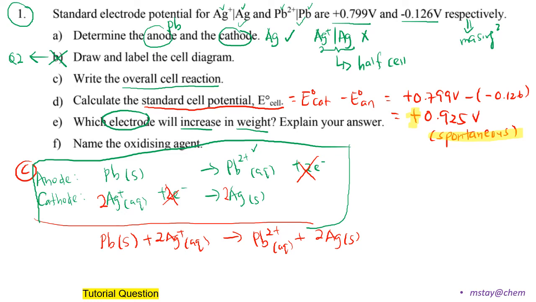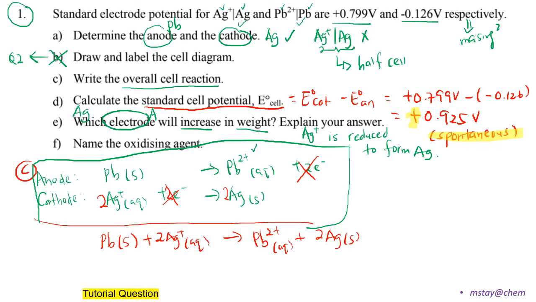So which electrode increases in weight? The answer is the silver electrode, because Ag+ is reduced to form silver. So the silver electrode will become thicker and thicker.